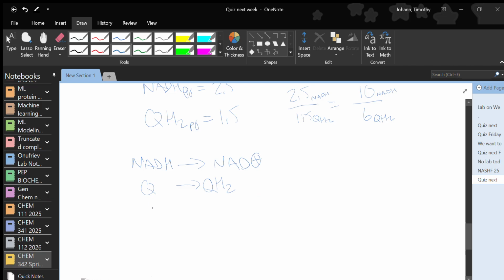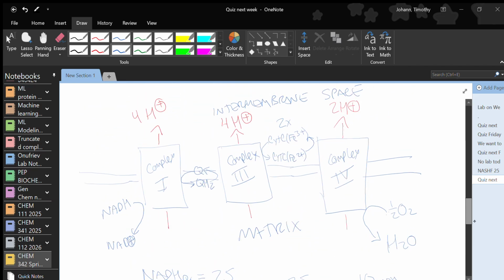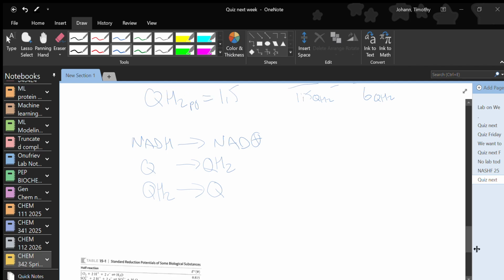All right, so ubiquinol goes to ubiquinone to drop off those electrons at the next complex, at complex 3. Then we have cytochrome C, right? We're going to have 2 cytochrome Cs, iron plus 3, pick up electrons to make 2 cytochrome Cs, iron plus 2.